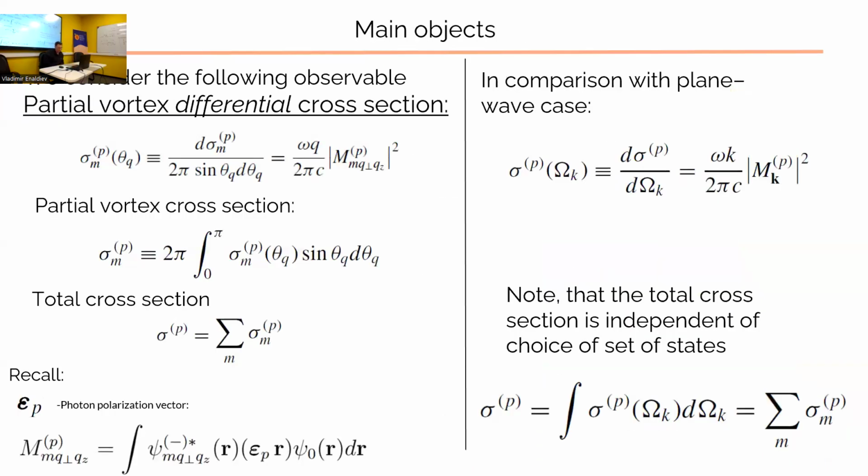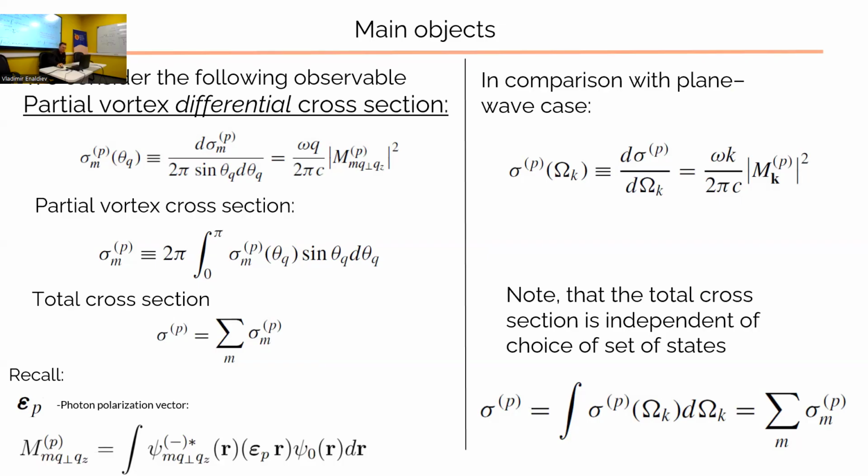Okay, so our main statement from our work: we considered the photo effect, where the final state of the electron is a vortex state.